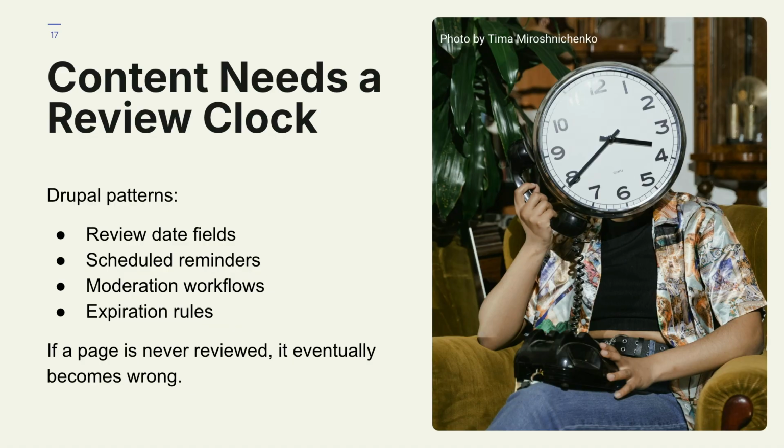The module that I'll be showing today lets you set review cadences, review dates, so you can have customized review cycles depending on the content type. And we can do this with Drupal patterns like date fields, reminders, moderation workflows, and expiration rules. Because a page that is never reviewed eventually is a liability.